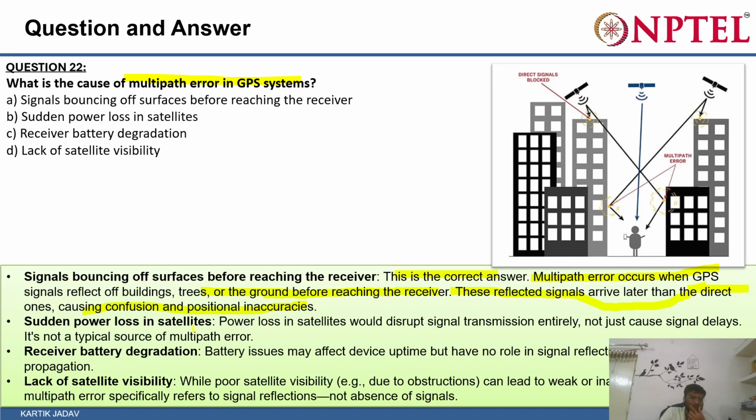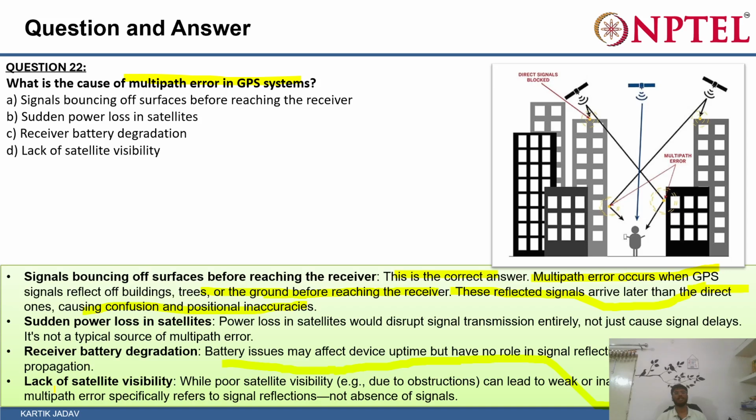While sudden power loss in a satellite would disrupt the signal transmission entirely, not just cause signal delay. It is not typically a source of multipath. Receiver battery degradation: battery issues may affect device uptime, but they have no role in signal reflection or multipath propagation.